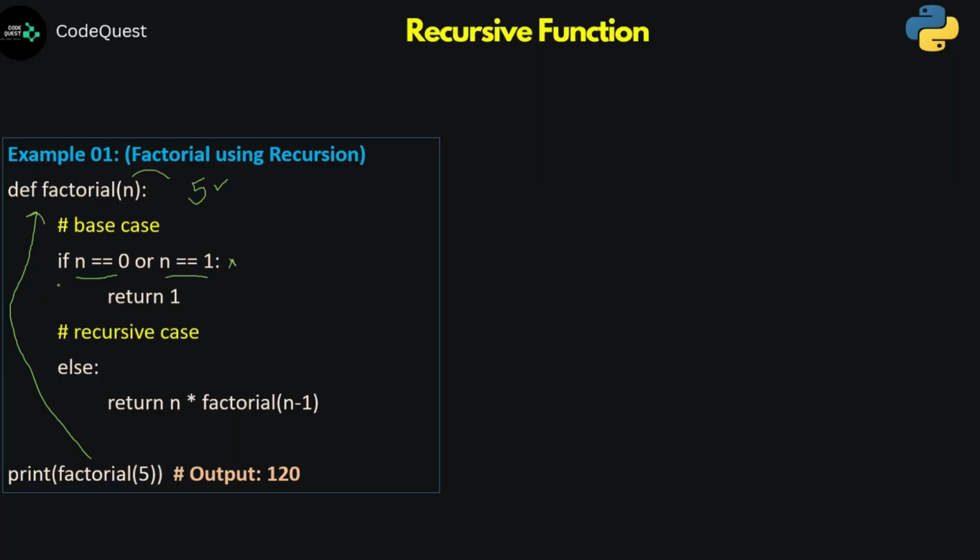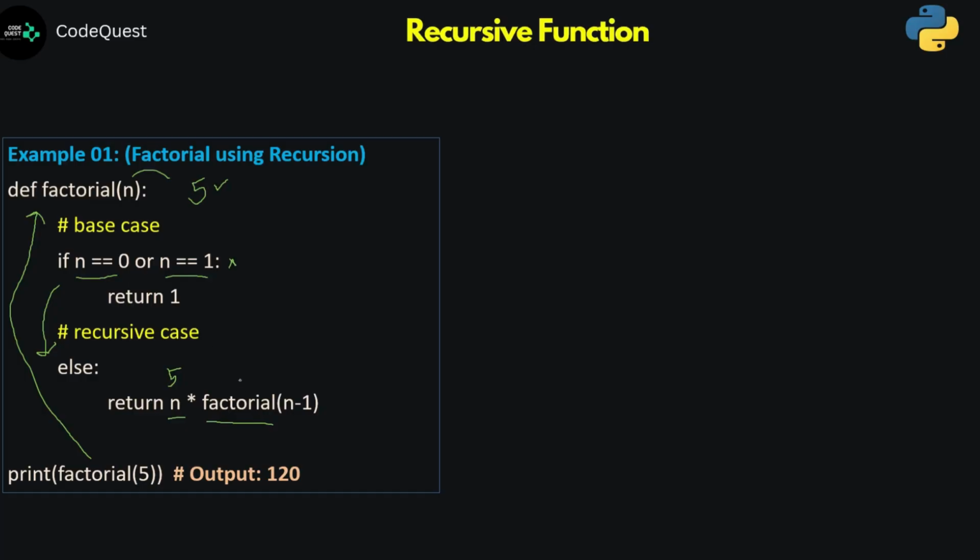So hence we are going to come to the recursive case where we have written else. And what is this? Return n times factorial of n minus 1. What is the value of n presently? That is your 5. And this is your recursive call. Initially when this function was called, the n value was 5.